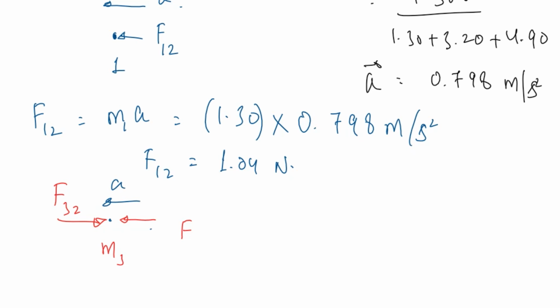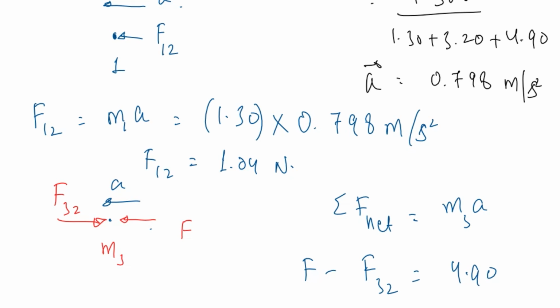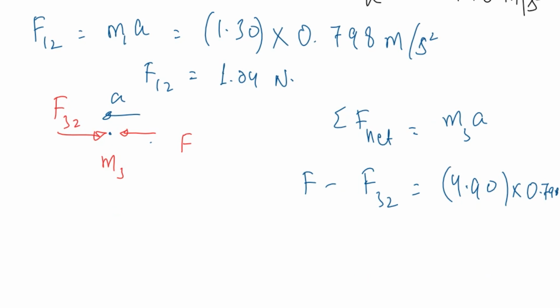From Newton's second law of motion we can write that the net force is mass times acceleration, and the mass is M3 here. So F net, F minus F32, is equal to M3, which is 4.90, times the acceleration 0.798. Now from here we can easily find F32.